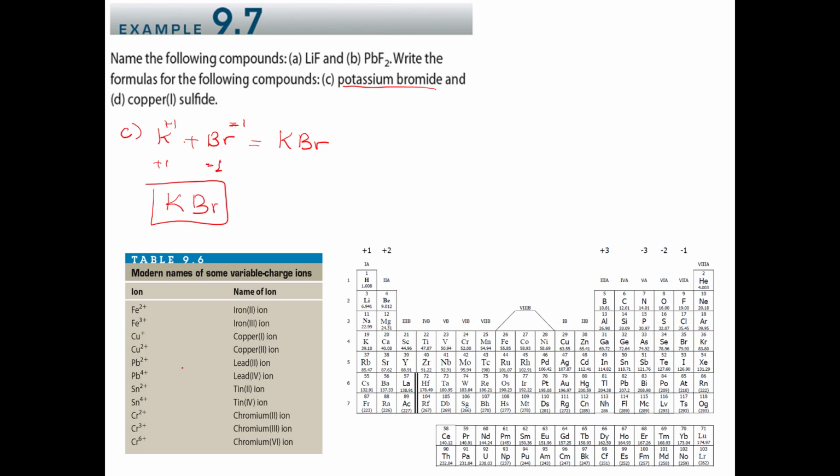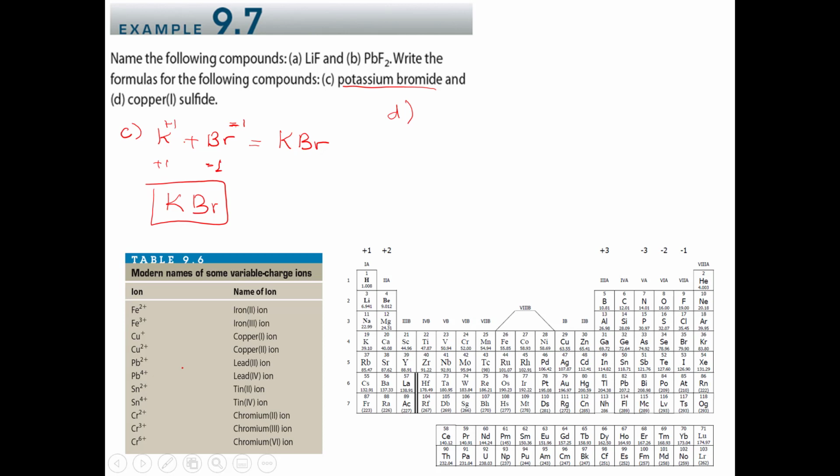Now let's try number D, which is copper(I). Copper(I) is this one, and we know the charge is +1, and sulfide. Then we need to check that.